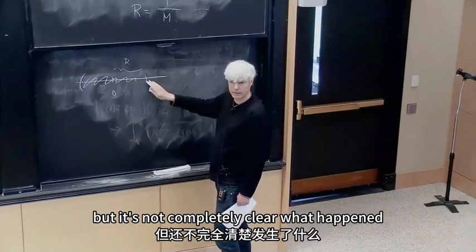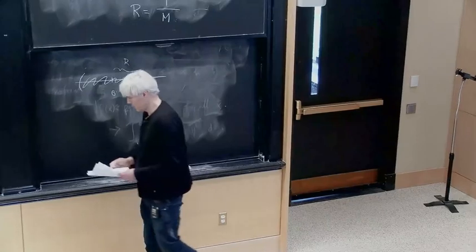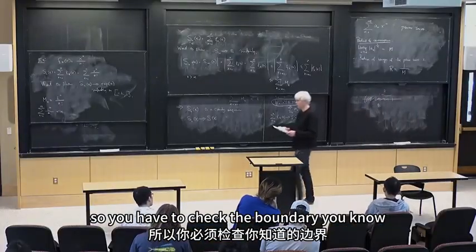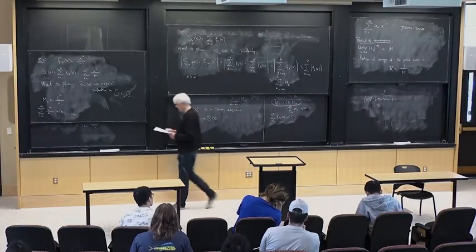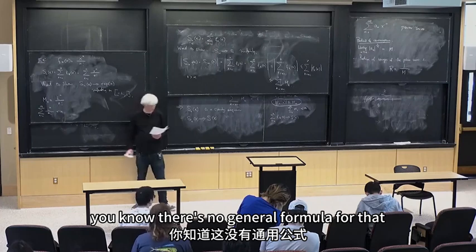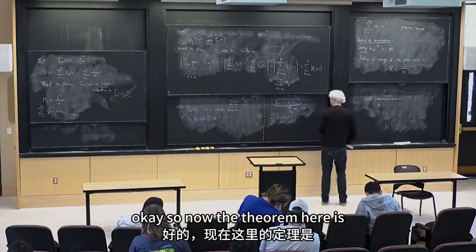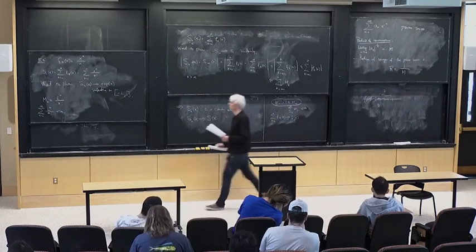But it's not completely clear what happens on the boundary, right? So you have to check the boundary separately, and that depends on the power series. There's no general formula for that.